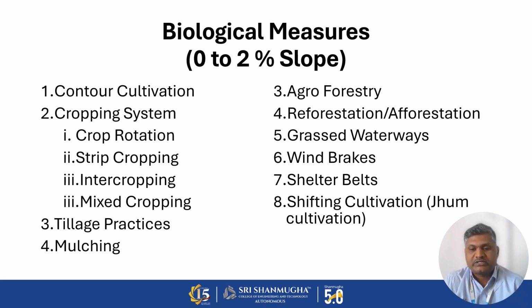The next one is called mulching. Mulching is a practice where the soil surface is covered with some materials, such as plastic materials or biological materials. The biological materials are such as paddy straw, gunny bags, cotton stalks, or any kind of stalk materials. How are soil and water conserved here?